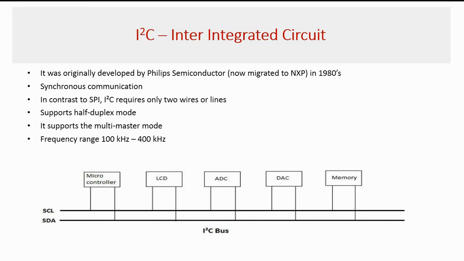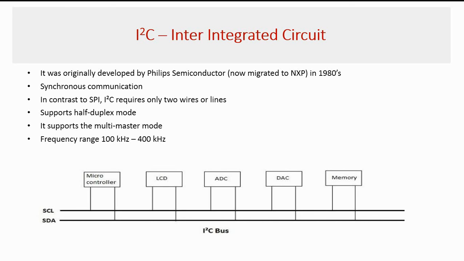I2C was originally developed by Philips Semiconductor. In contrast to SPI, I2C requires only 2 wires or 2 lines for its operation, and it also supports the multi-master mode. It means that there can be multiple masters on the same bus. In the I2C protocol, the devices are identified as either master or slave.